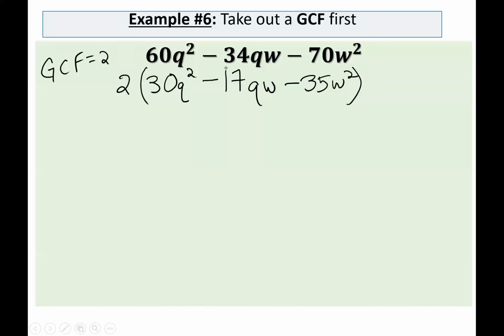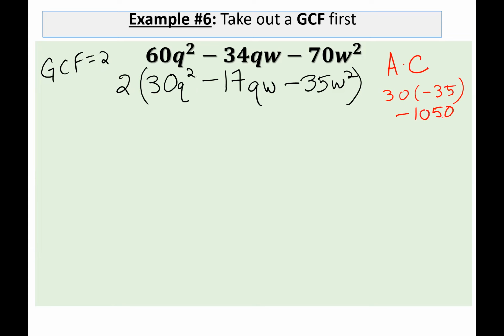All right, I am not going to do the AC method for this problem. Let me show you why. You could. It just feels like the numbers get too big for me. If I do A times C, that would be 30 times negative 35, which is negative 1050.